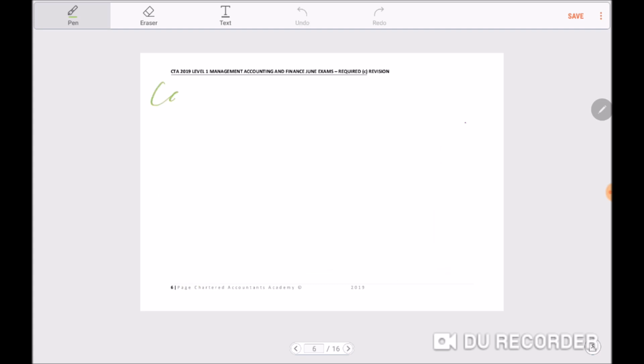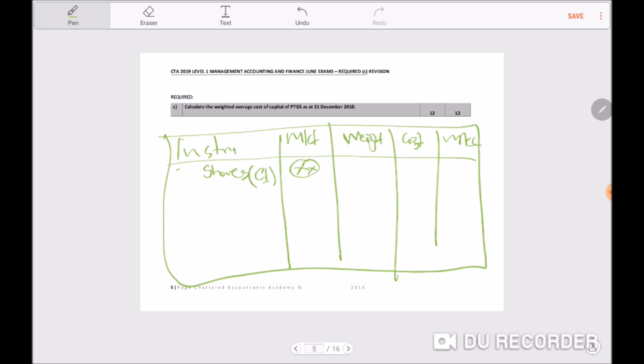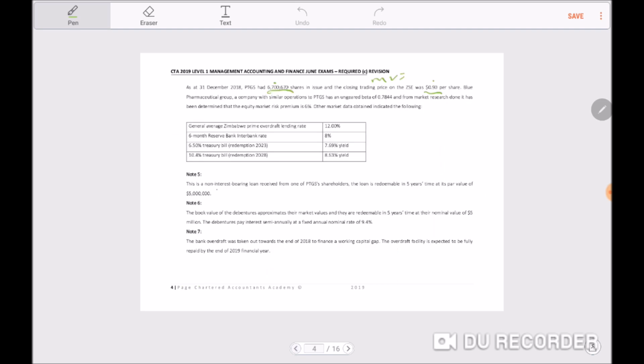On calculation 1 we find the shares, and the market value of these shares is 6.7 million times 90 cents, or 0.90, and the value we get we post right here. Then we move on. That's how you'll be scoring marks. If time runs out and you have put that, the examiner will mark you for what you have so far.